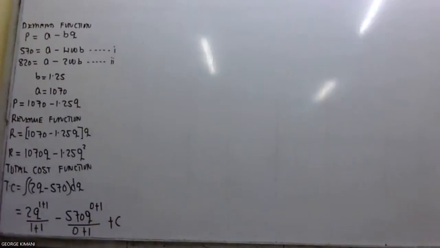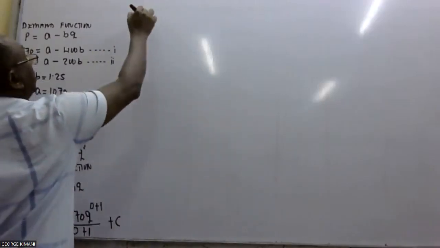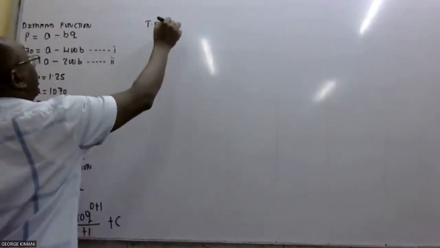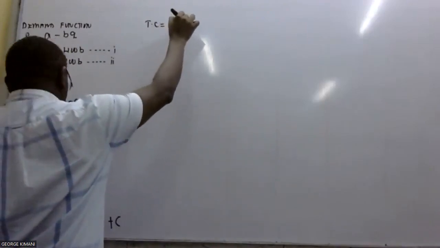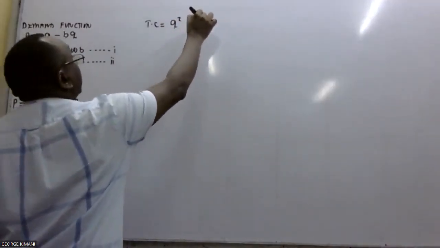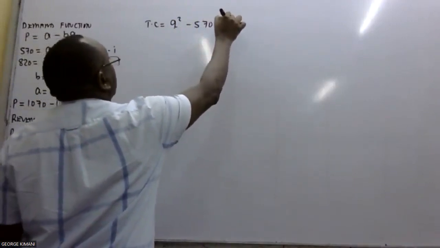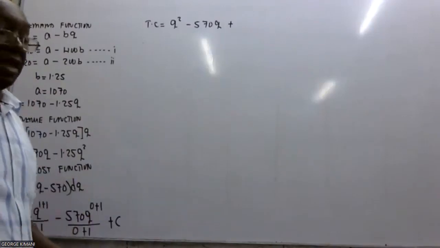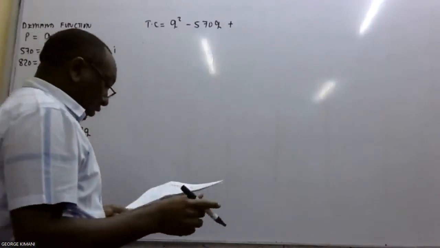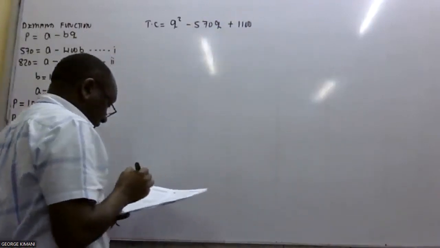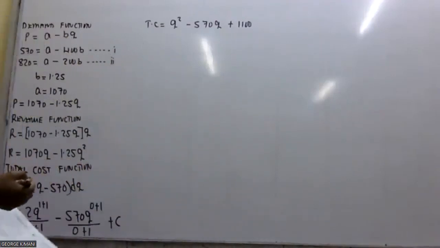And then you add the constant of integration. So this proceeds to become TC is equal to Q squared minus 570Q plus C. C, I told you, is the fixed cost. When you're dealing with the integration of the costs, it's the fixed cost of 1100.